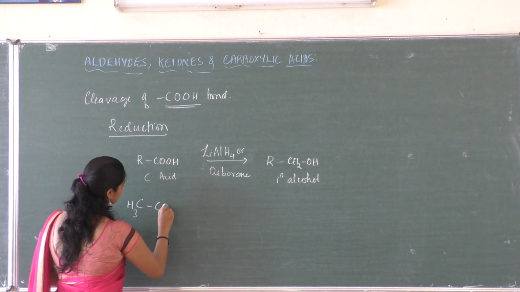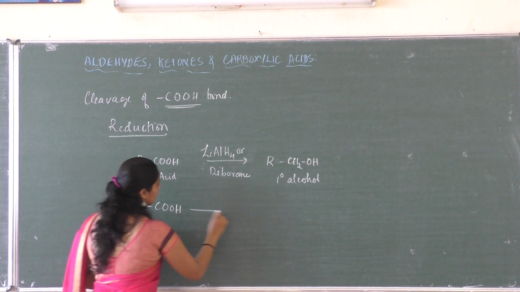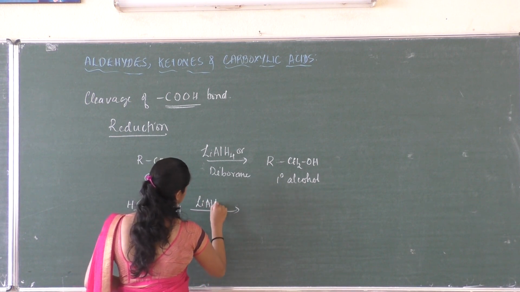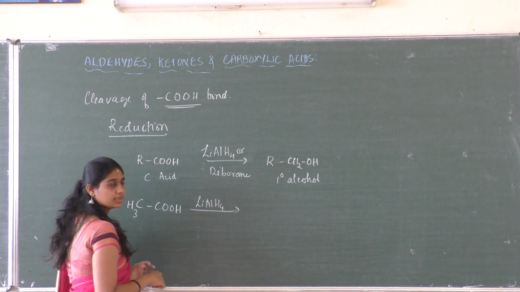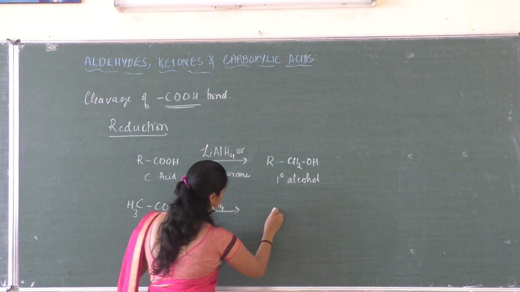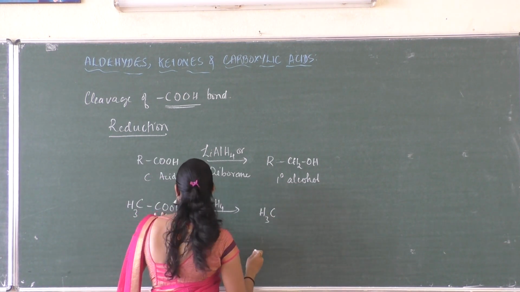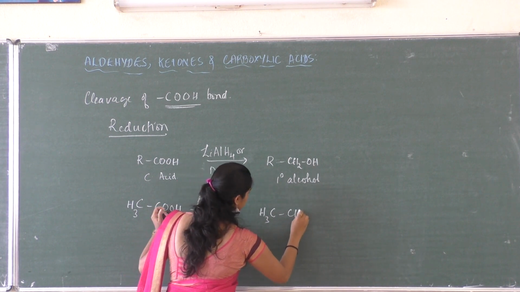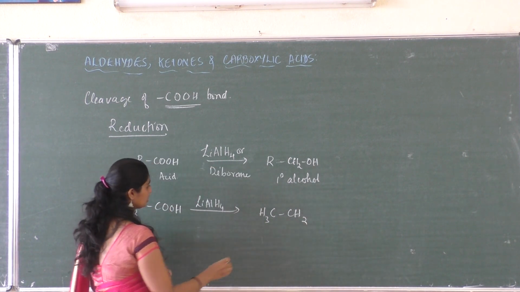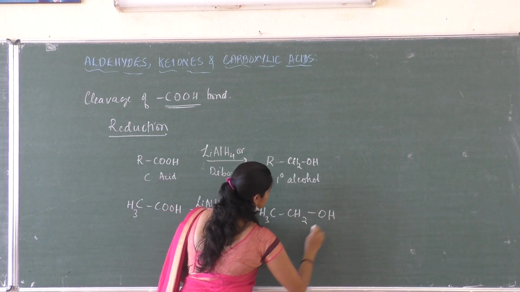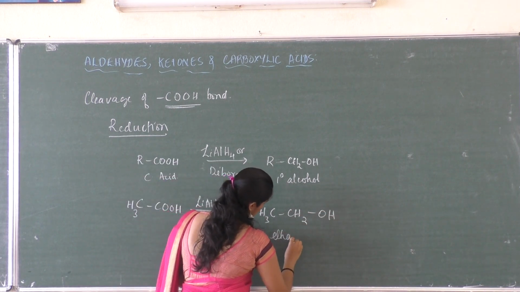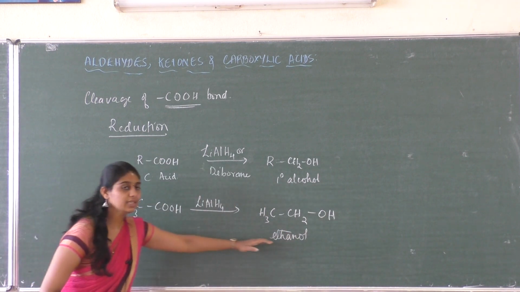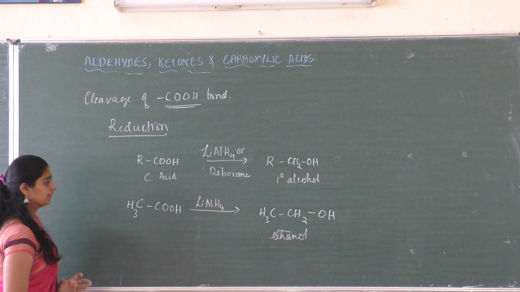If we take acetic acid, on reduction with lithium aluminum hydride, it forms CH3, attachment of hydrogen, removal of this oxygen, so it forms CH2 and then OH, that is alcohol. So this is ethanol. From the ethanoic acid you are going to get ethanol as the final product.